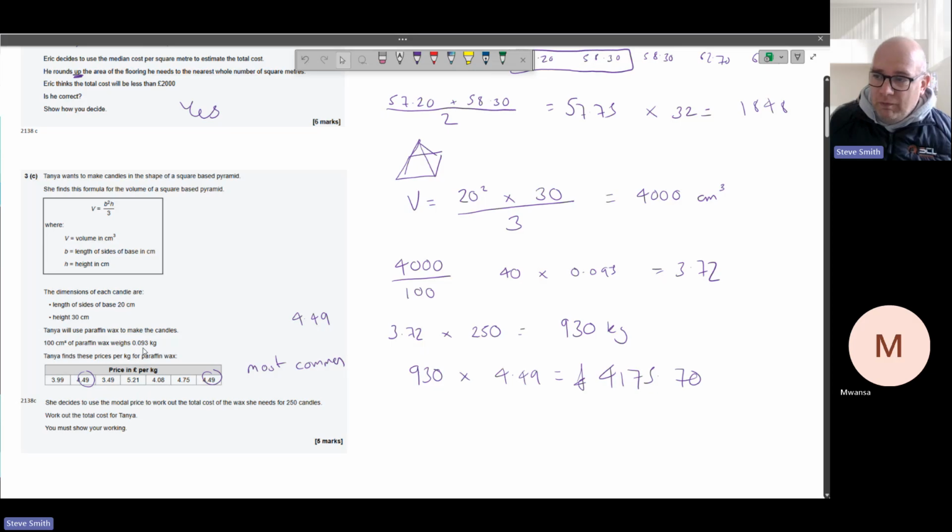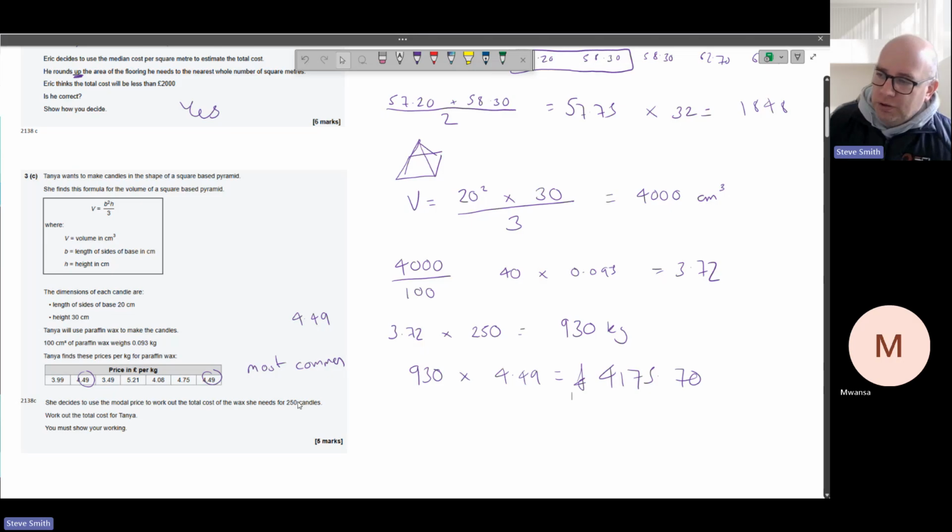So it gives you the conversion here. Look, for every 100 centimeters cubed, we need 0.093 kilograms of wax, hence why we divided the volume by that number to give us how much wax we need. And then we had one candle here, so we times that by 250 to work out the bulk.